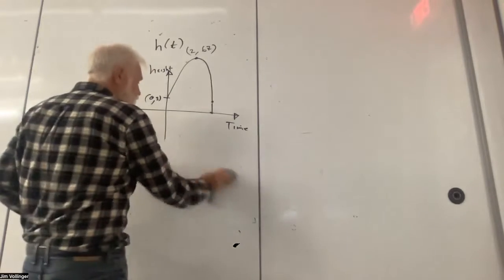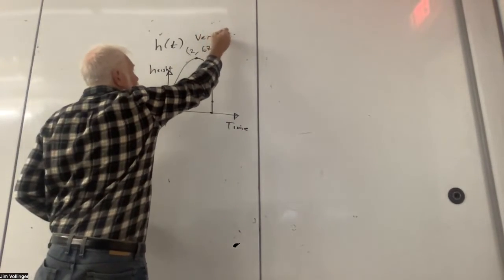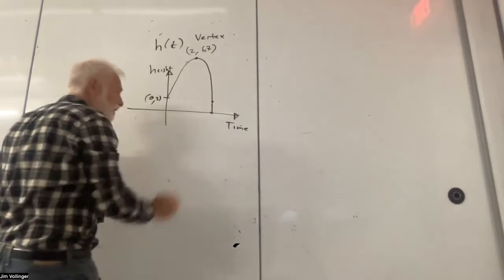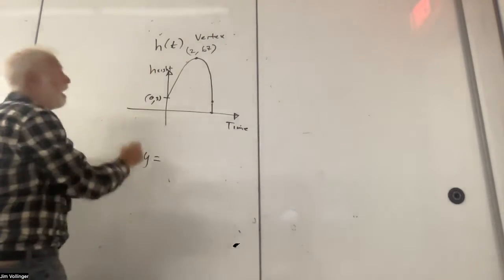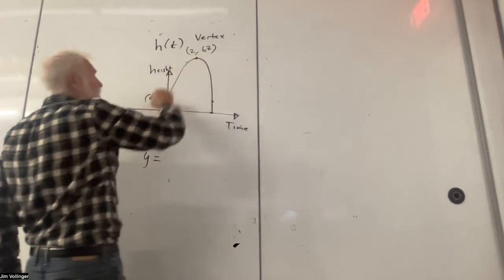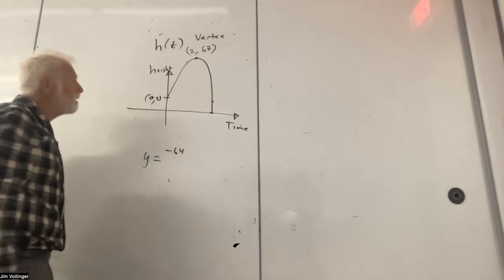If you wrote it correctly, you would have built it off the vertex, because that's where the pattern emanates from. There's symmetry. So y equals, well, how far did the ball 67 feet high, back to 3, looks like it came down 64 feet.